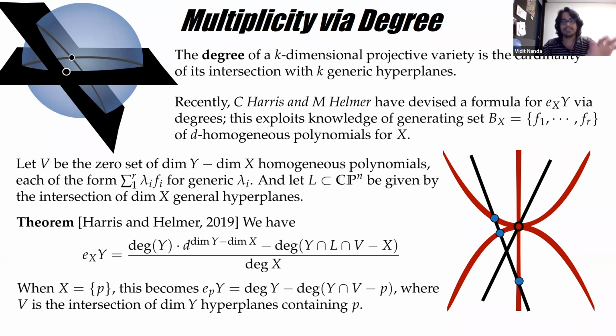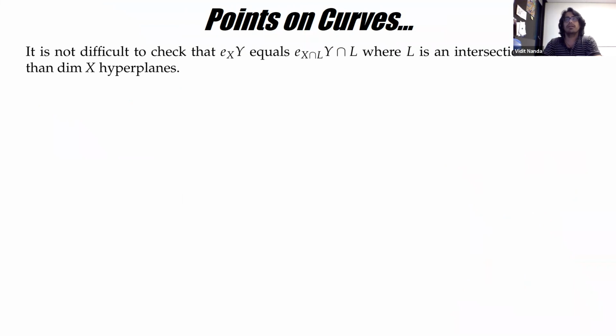So it's just the degree of Y minus the degree of Y intersect V minus P, and V is just the intersection of dim Y hyperplanes through P. Okay, so you can use some fairly standard intersection theoretic properties of the Segre class really, to say that EXY is equal to EX intersect L, Y intersect L, and L is just dimension X many hyperplanes.